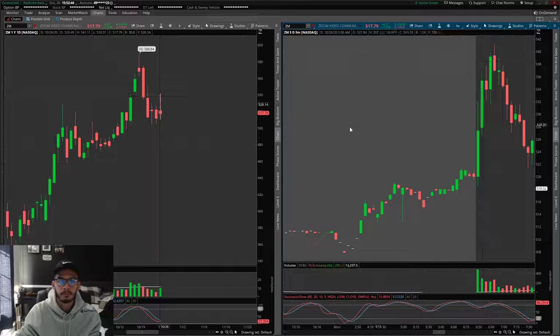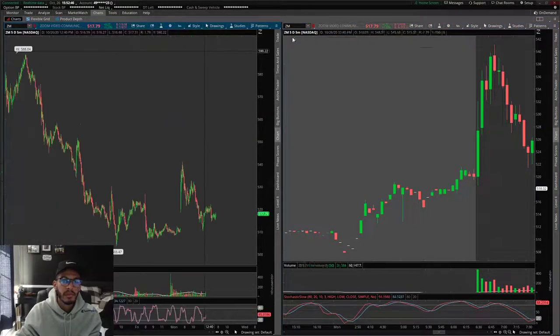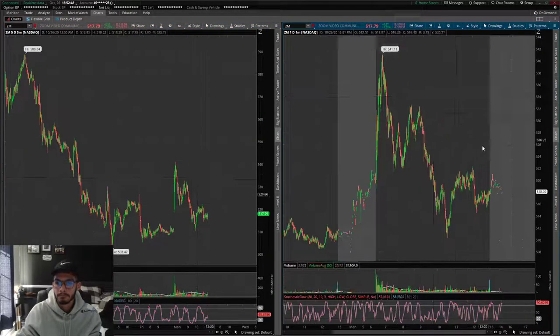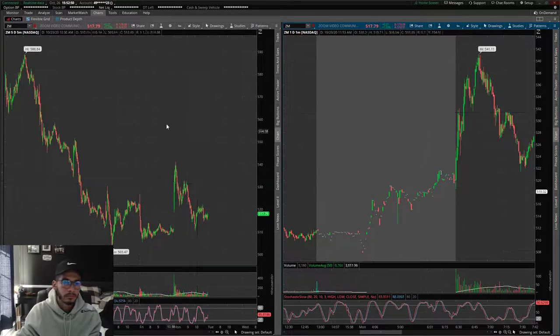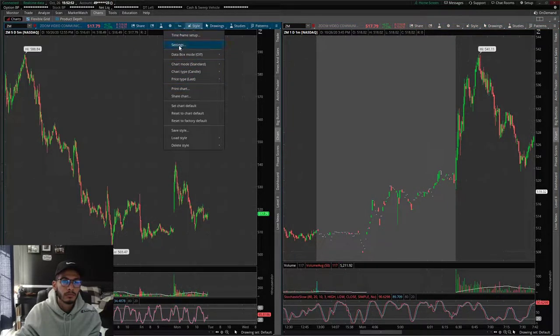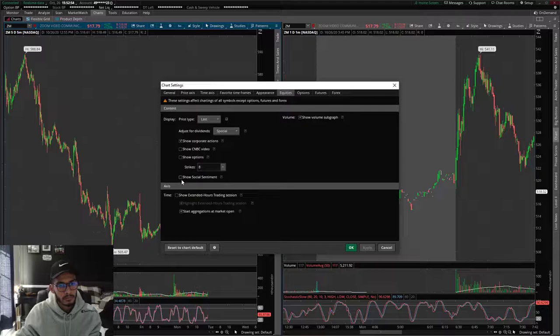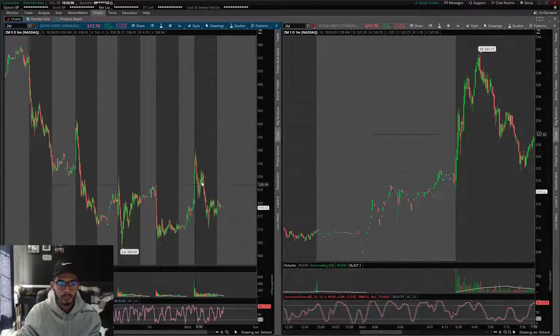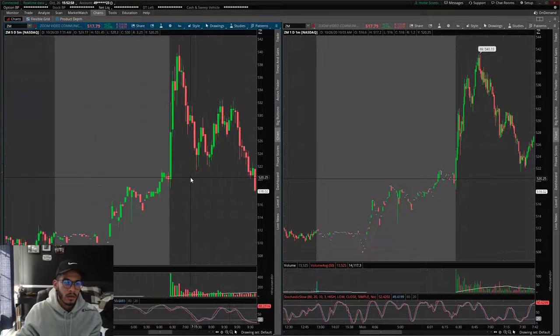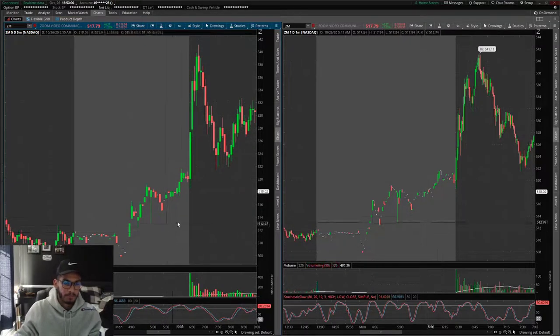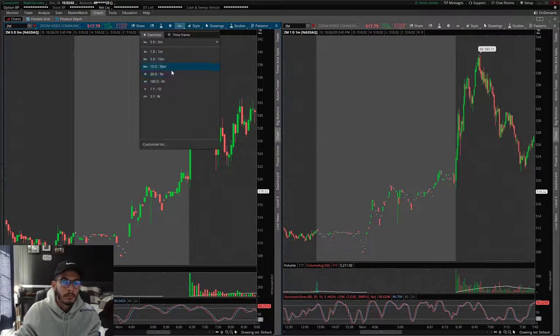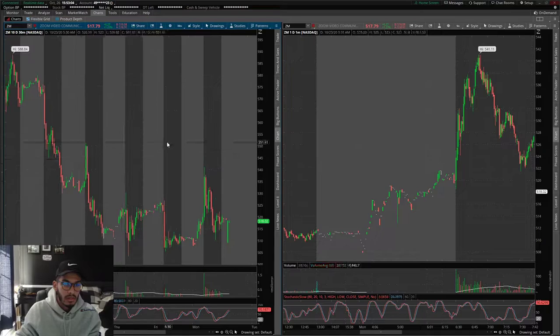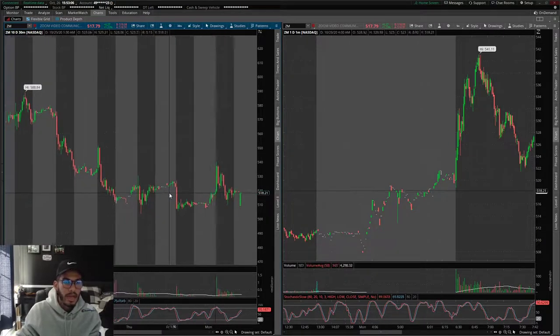So, pull up the 5 minute and the 1 minute. So Zoom had been in a consolidation up since Wednesday.